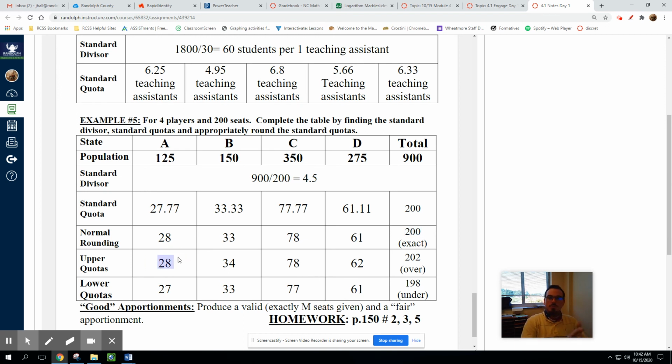The upper quota, remove the decimal and round every number up. So this is going to be 28, 34, 78, and 62. When I add those totals, I get 202, which is over our total number of seats. The lower quota, remove the decimal, round down. 27, 33, 77, and 61. This gives me a number of 191 added together, which is under the total seats available.